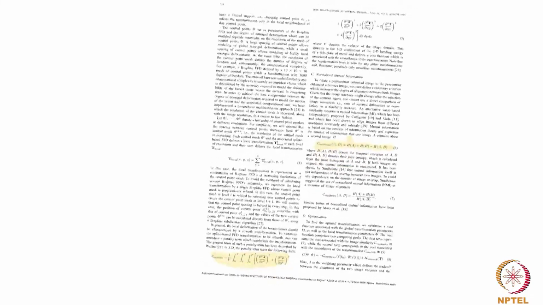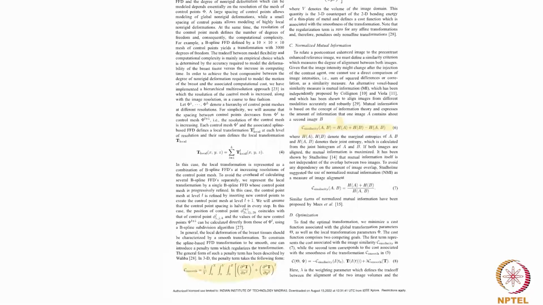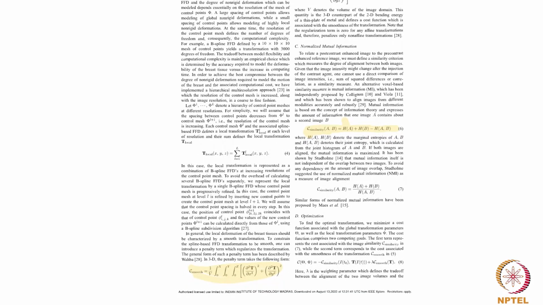So the optimization procedure consists of, in this case, two terms. One is to minimize the loss function, and so that's why it's negative, and the other is the smoothness term.